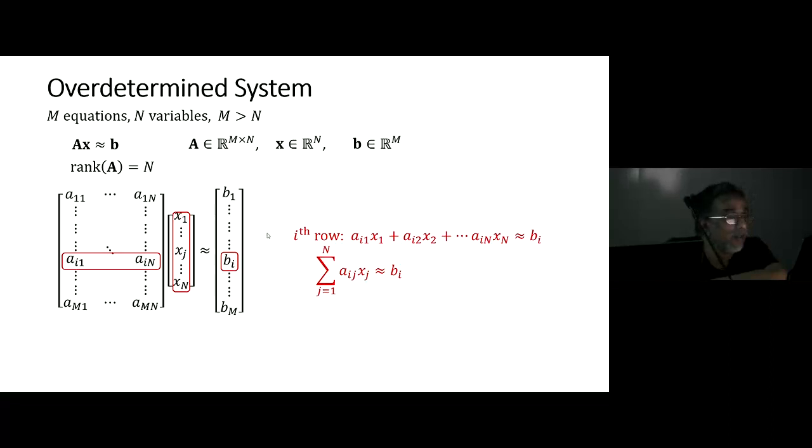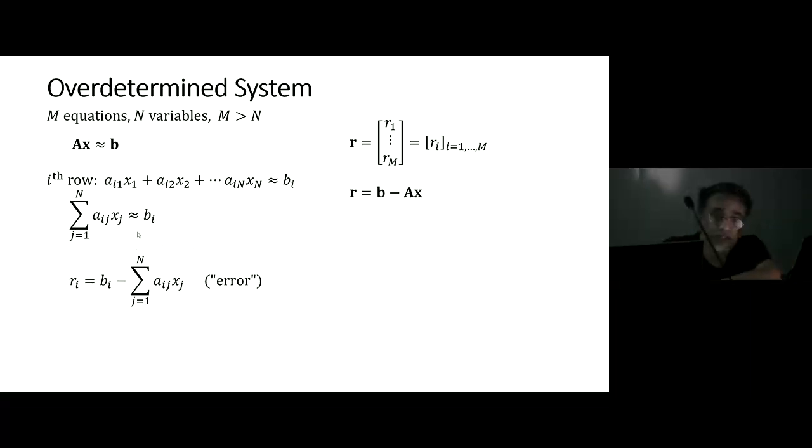Now remember, this is the ith row, and I multiply it with all the x's, and I get the ith entry in B here. And for each row I have to make summation aij xj approximately equal to bi.